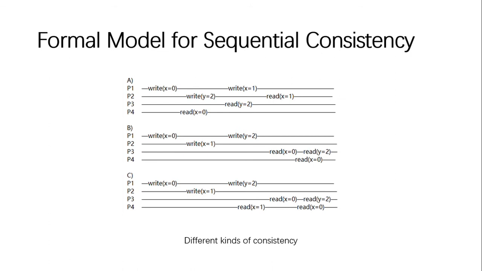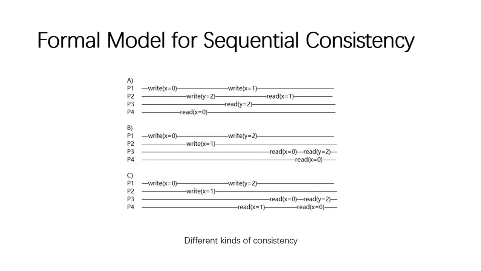In example A, P1 writes x equal to 0 first, then P4 reads x equal to 0. P2 writes y equal to 2, and P3 reads y equal to 2. So this one is a perfect example for sequential consistency and strong consistency.